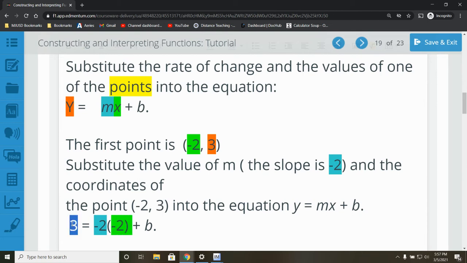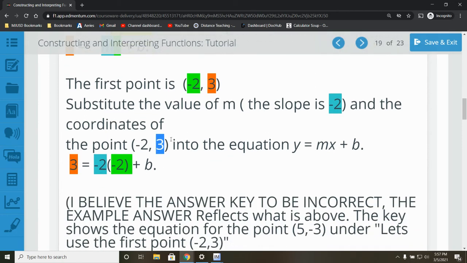See? All color-coded. So we get 3 equals -2 multiplied by -2 plus b.